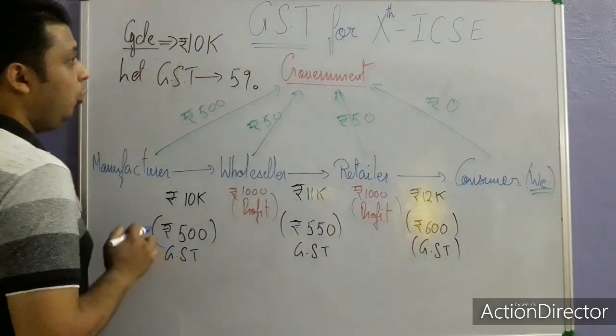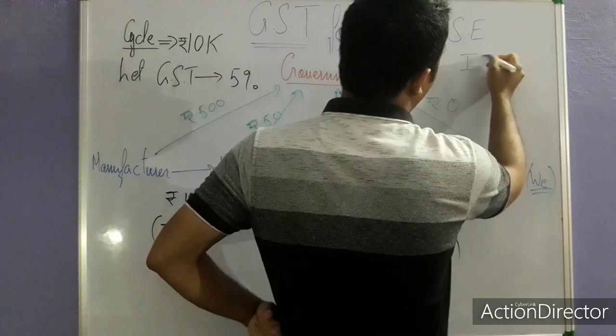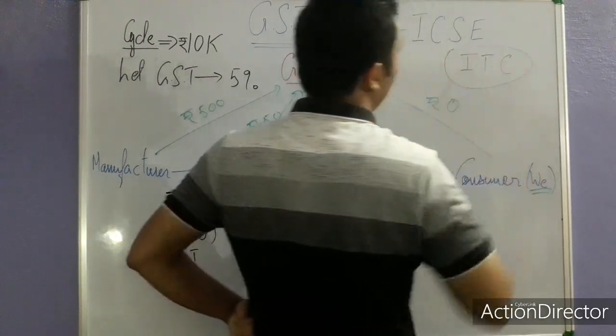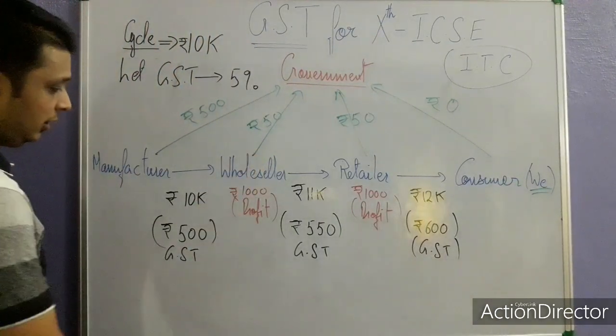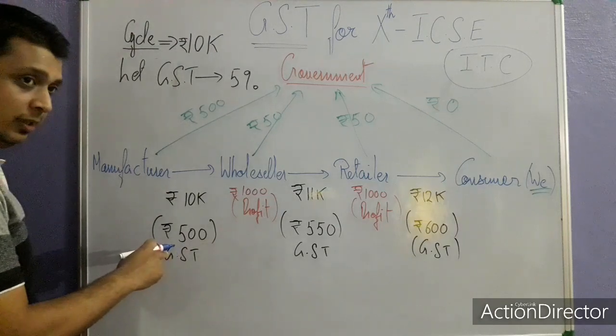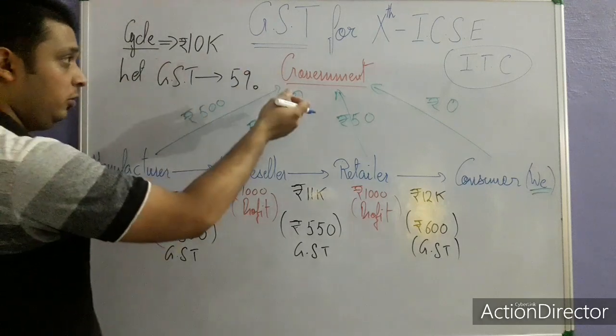And let us see who all are paying or who all have the facility of input tax credit. Clear? So now just see, when we talk about the wholesaler, what he does, he pays 500, isn't it? He pays 500 to the manufacturer to be paid to the government.